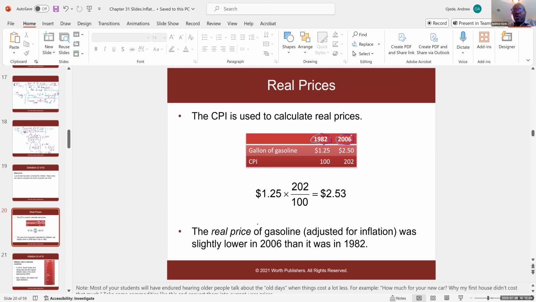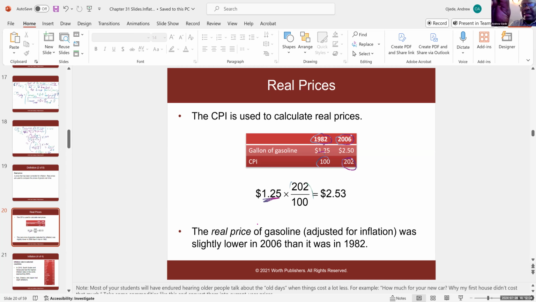To calculate the real price of gasoline in 2006, you take the consumer price index in 2006, divide it by the consumer price index in the base year period, and then multiply that by the price of gasoline in the base year period.